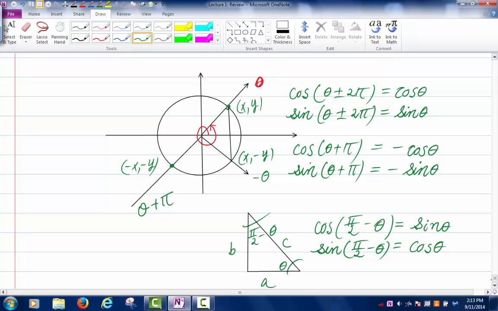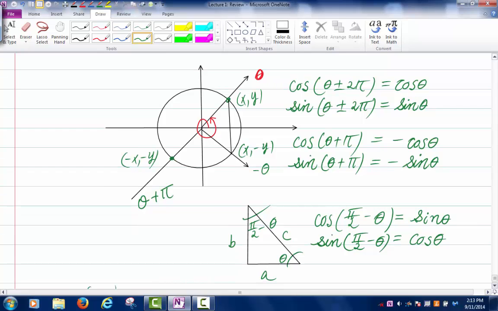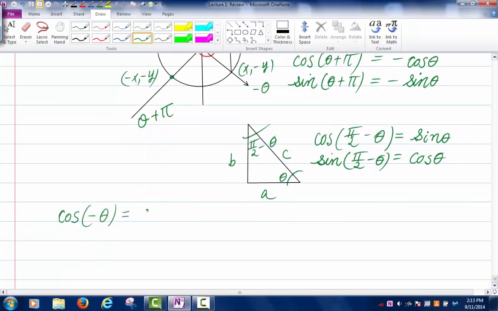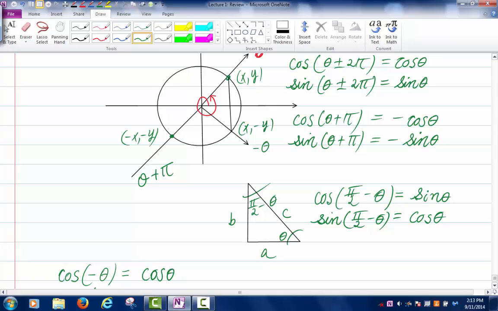So cosine theta gives you the first coordinate, right? So cosine of theta and cosine of negative theta are what? The same, because the x coordinates don't change. So cosine of negative theta is the same as cosine theta. But what can you say about sine? Sine of negative theta, well, sine theta is y, but sine of negative theta is negative y, right?